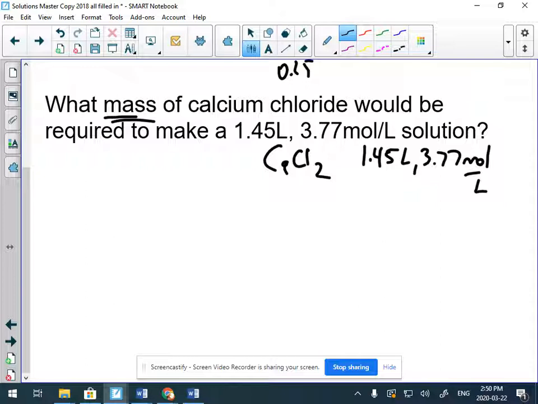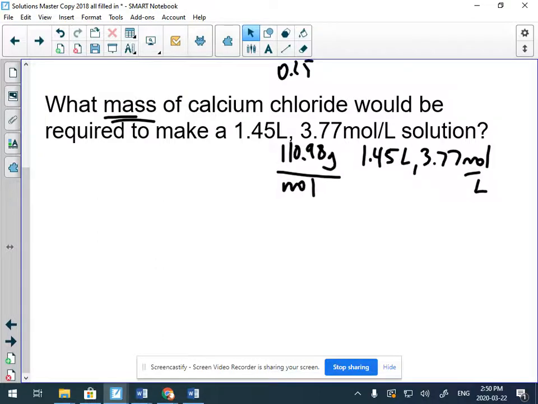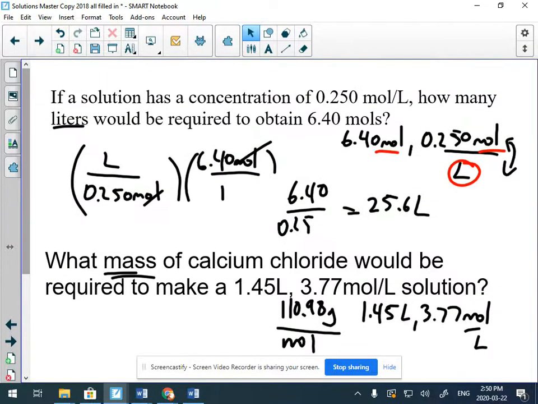Our other variable is 110.98 grams per mole. Okay, so those are our 3 variables. I don't need molar mass in the previous question because nowhere does it say that I need mass, but I need molar mass here.